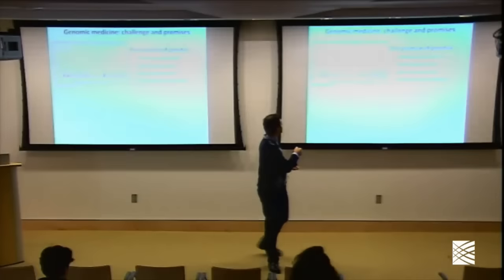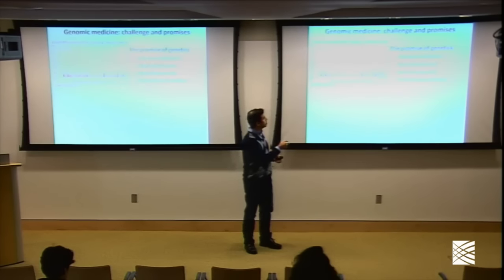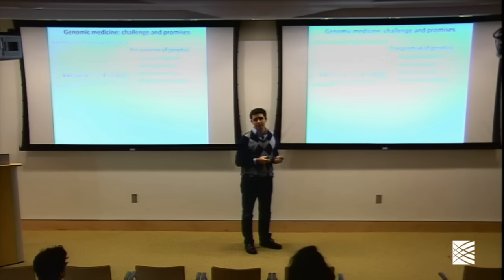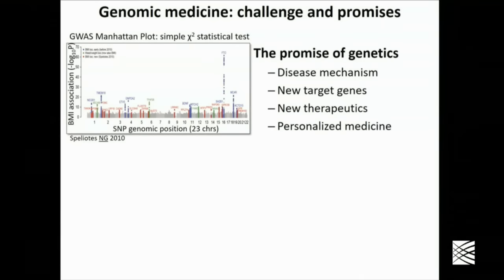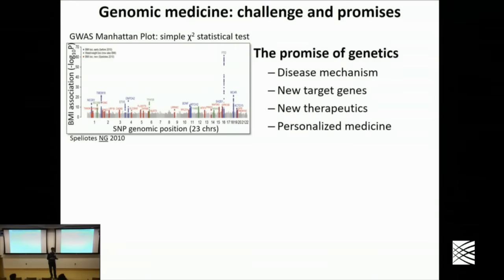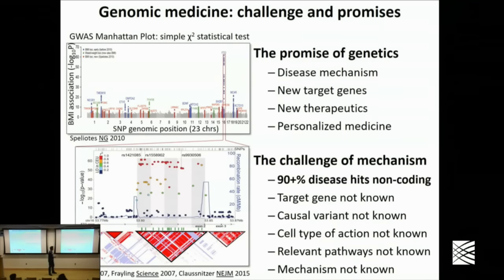In this particular case, I'm showing you the genome-wide association study Manhattan plot for BMI, body mass index, an index of obesity. And what you find is a lot of genes across the genome, but the strongest hit by far is sitting in this region that contains a gene called FTO, which was promptly renamed fat and obesity associated based on this association.